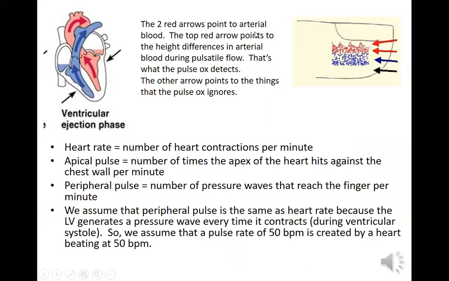So we talked before about pulse, and pulse should equal your heart rate, but pulse is a palpable feeling, where you could feel the systole. Like if you do a pulse on somebody's apex of their heart, they call that the apical pulse, where you palpate between the 5th and 6th intercostal spaces right around the mid-axillary line.